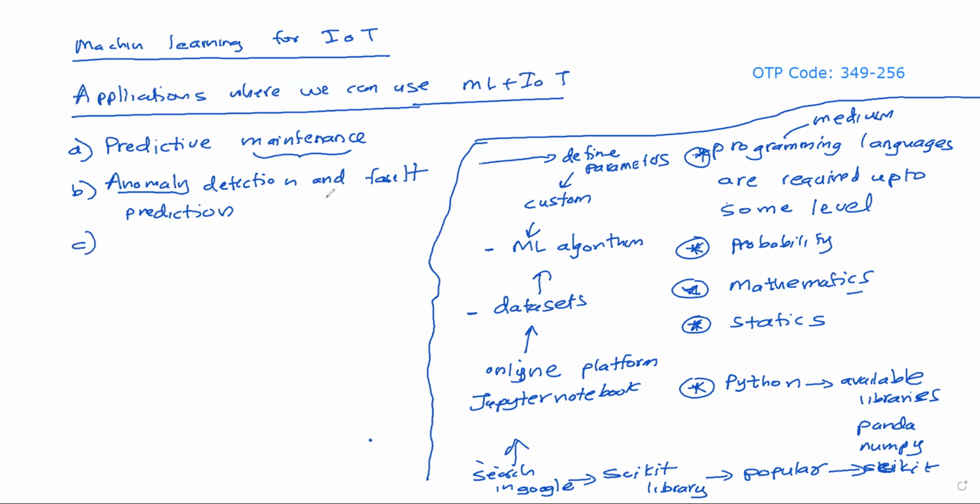And then we have environmental monitoring and control. Environmental monitoring means you can observe the data in the environment by taking measurements, and based on the measurements you can predict some output, or predict that something is going to happen.